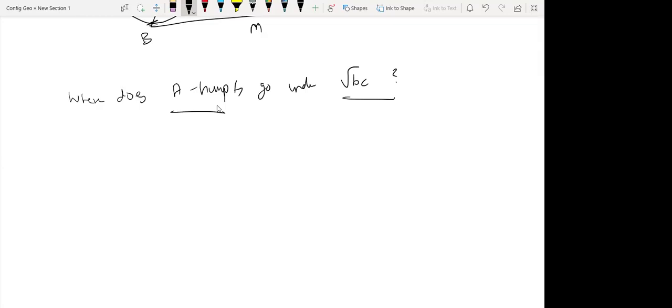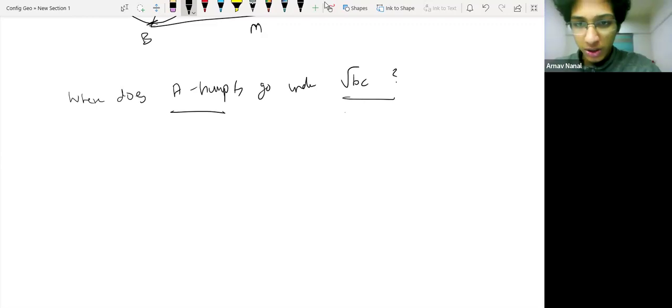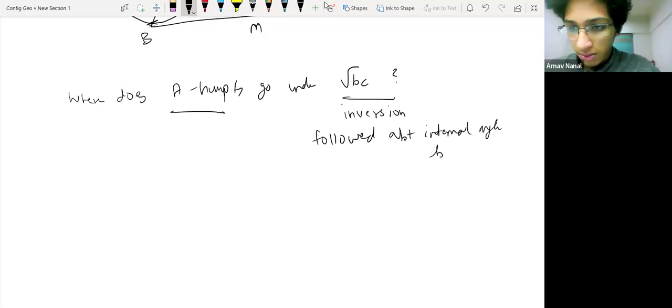It would mean the root BC inversion, followed by reflection about the angle bisector. Reflection.